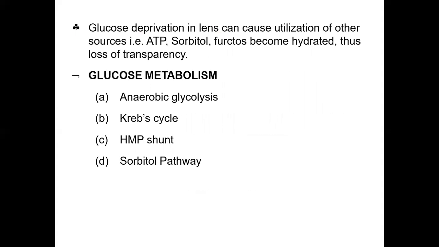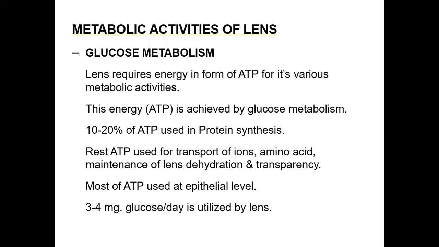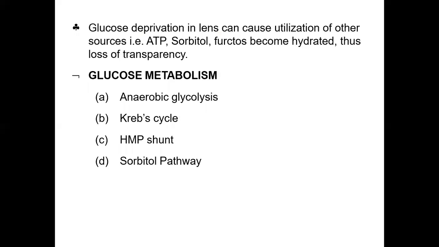Glucose deprivation in the lens can cause utilization of other sources. ATP, sorbitol, and fructose lead to hydration and thus loss of transparency. If by any condition there is glucose deprivation, because as I said you need 3 to 4 milligrams of glucose per day to maintain normal metabolic activity, then there are other sources, but they won't be sufficient, like sorbitol and fructose, and the lens becomes hydrated, because we know the lens is in a dehydrated state.